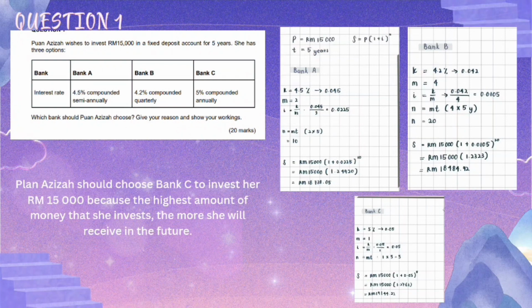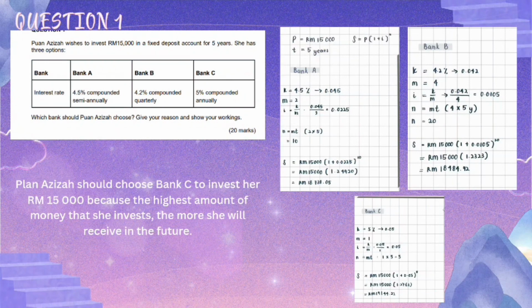We enter the numbers into the formula, S equals 15,000(1 + 0.0225)^10. We solve the number in the bracket first and keep the RM15,000. From the bracket, we get 1.2490.